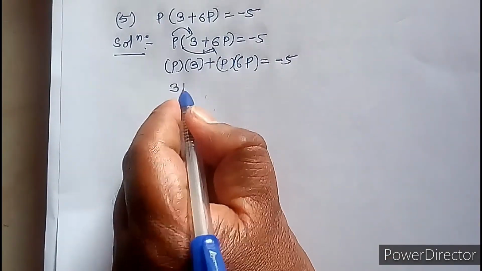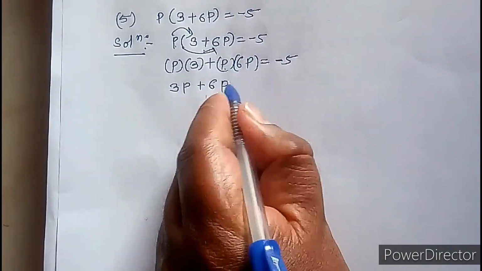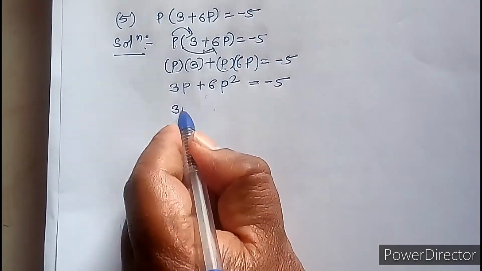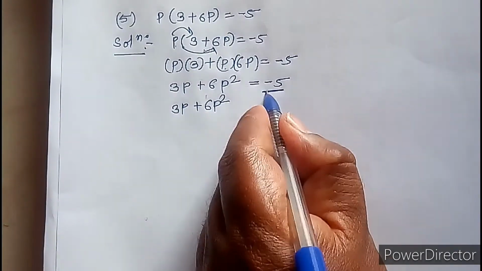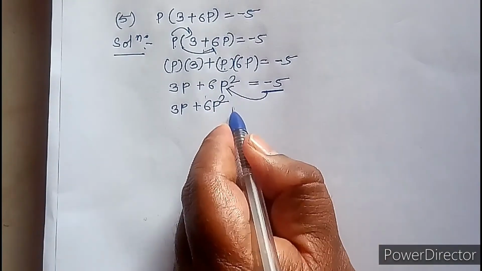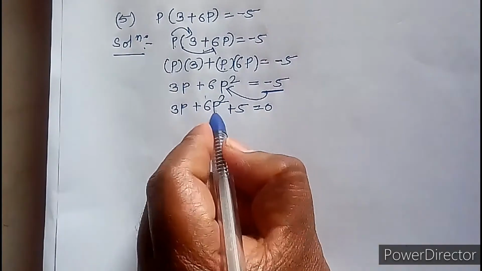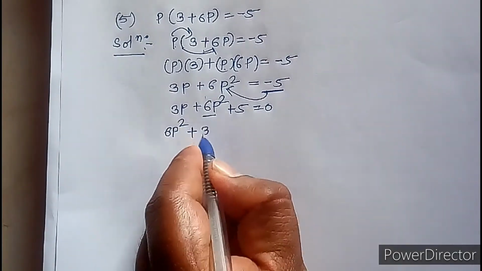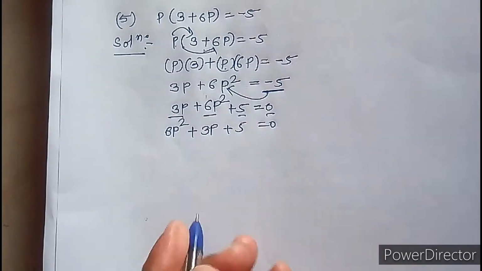P into 3, that is 3p, plus p into 6p, that is 6p square, equals minus of 5. Now this 3p as it is plus 6p square as it is, now this minus 5 will be shifted to the left hand side and will become plus of 5 equals 0. Now write down properly, that is 6p square plus 3p plus 5 equals 0.